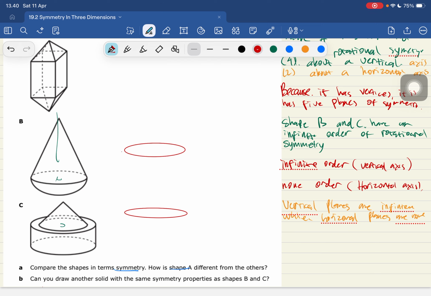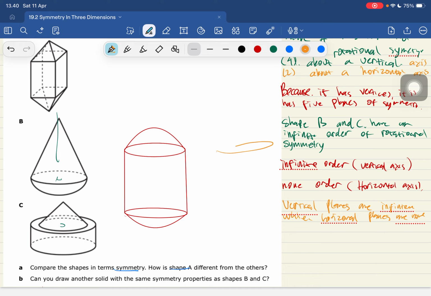Let's say they are equal. Okay, we can make it like this. This is just one example. So you can draw it as long as you are using a circle as the base.